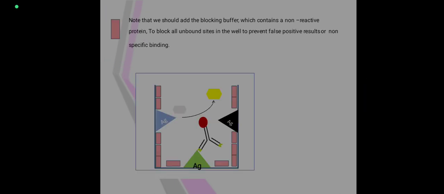In direct ELISA, we should note about the blocking buffers, which contain non-reactive proteins to block all the unoccupied sites in the wells to prevent false positive results or non-specific binding. It is important to use blocking buffers in a direct ELISA.